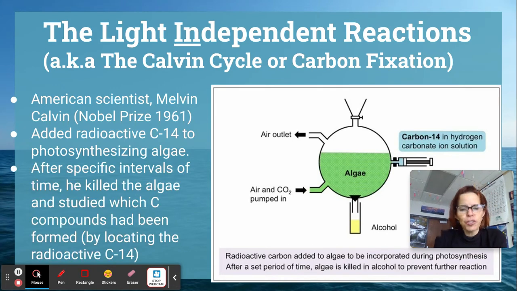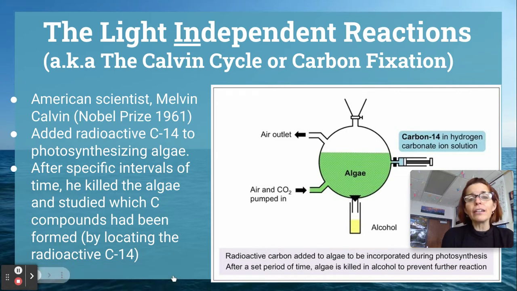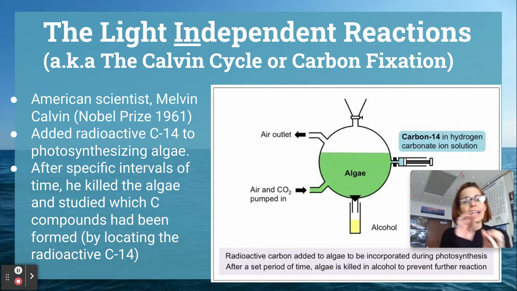And then after specific intervals of time, he killed the algae and studied where the radioactive carbon was in the carbon compounds. So which carbon compounds had been formed at different times during the cycle by locating the radioactive carbon-14. And then he was able to figure out exactly what's happening during the Calvin cycle, sorry. And then he won the Nobel Prize for that.